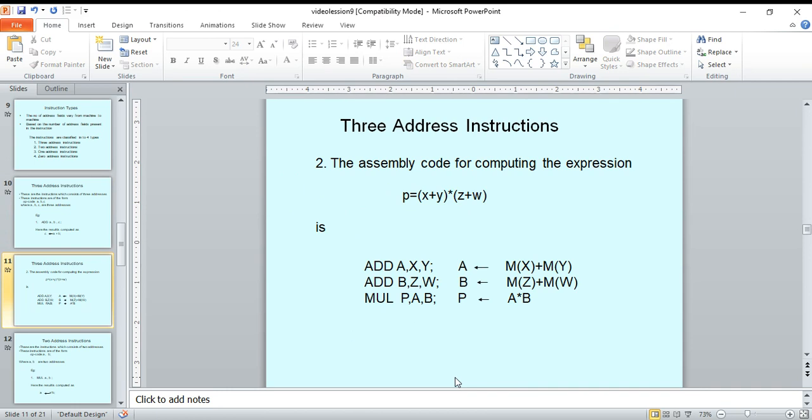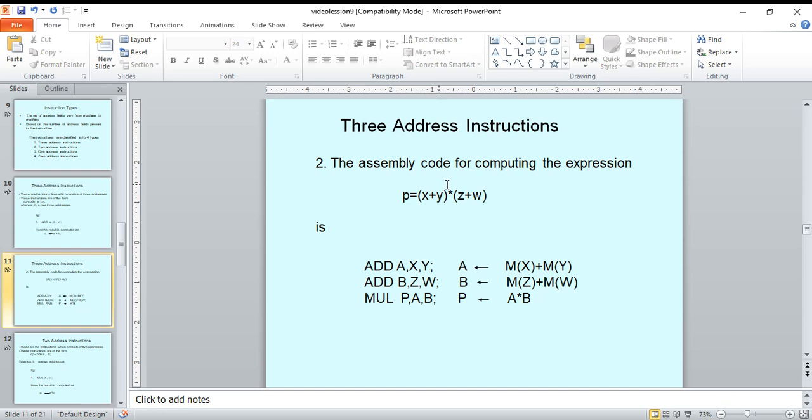See this example for the three address instructions: the assembly code for computing the expression P = x + y * z + w. Initially, we have to perform the addition of x plus y. Then we have to perform the addition of z plus w.